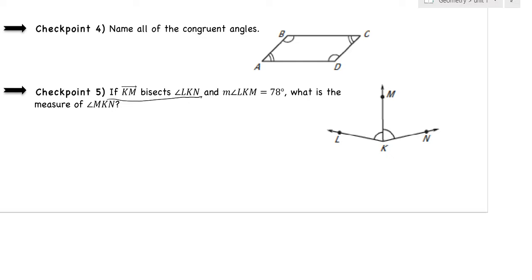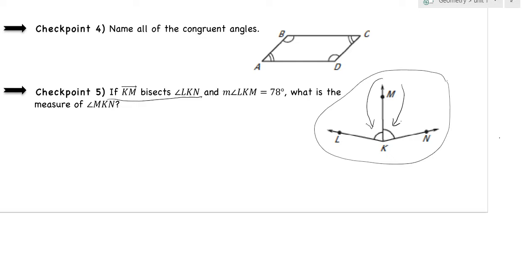That could be a problem except for the picture. We have the diagram over here. In the diagram, they labeled the two angles as congruent. So they are giving us in this diagram what the definition of angle bisector is.